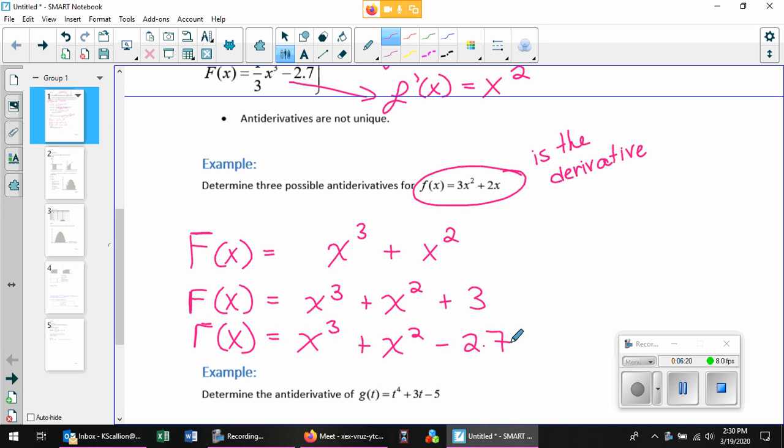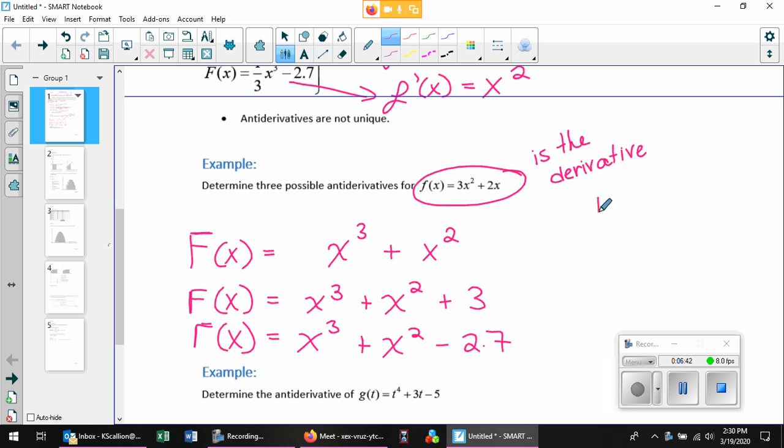What can be an example? Minus 2.7. Because if I take the derivative of negative 2.7, I still get a 0. This is still the derivative of that third equation. That wouldn't work for this one. It wouldn't give you a derivative of 3.